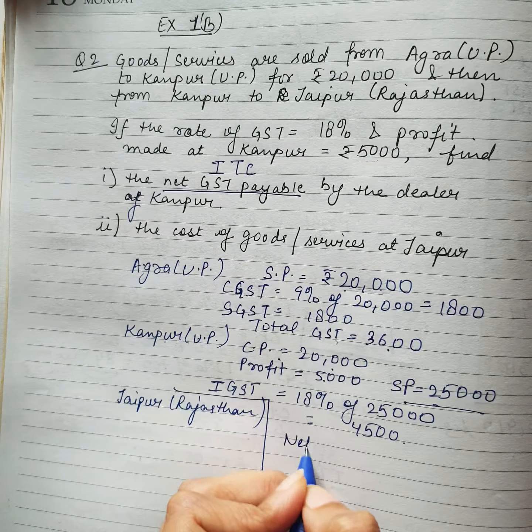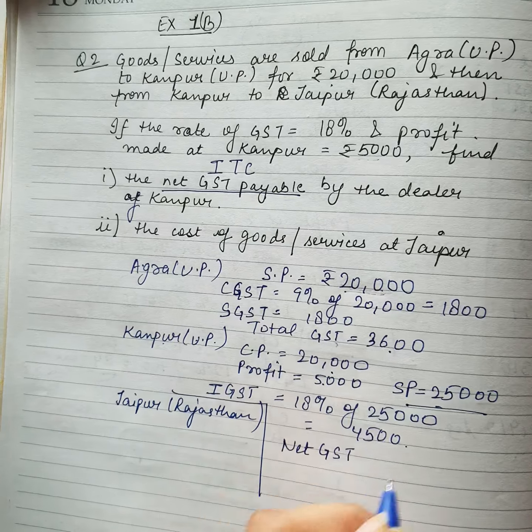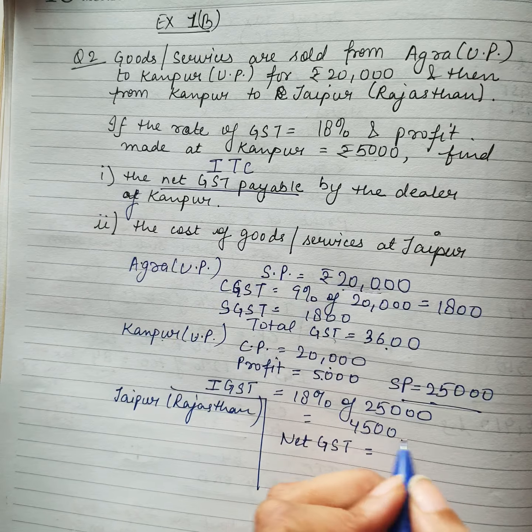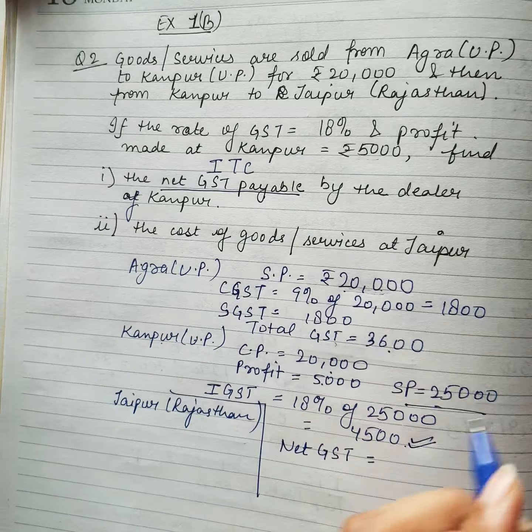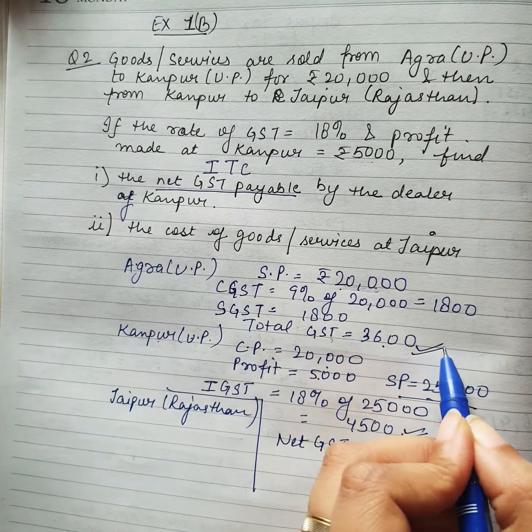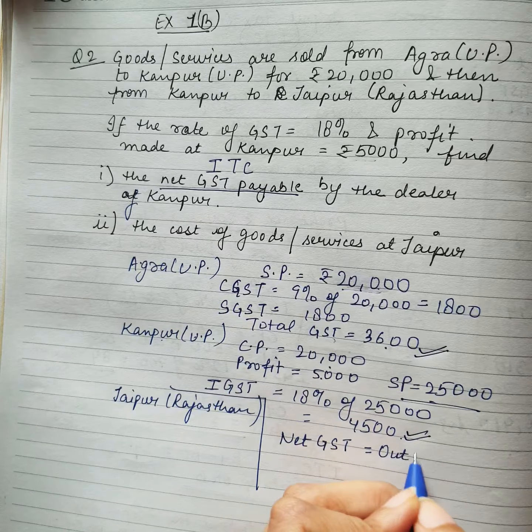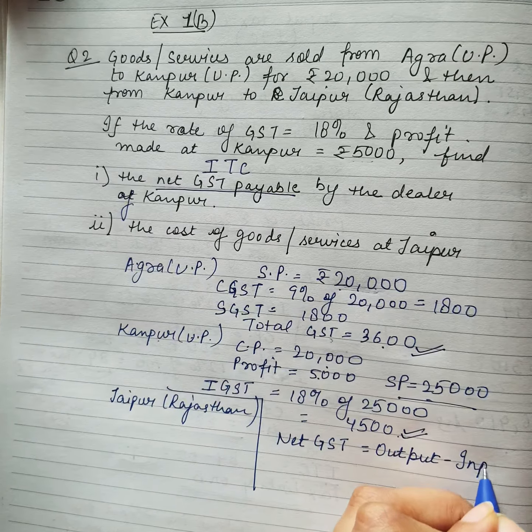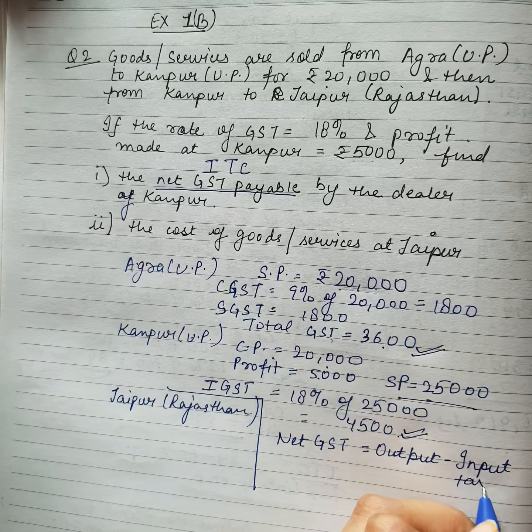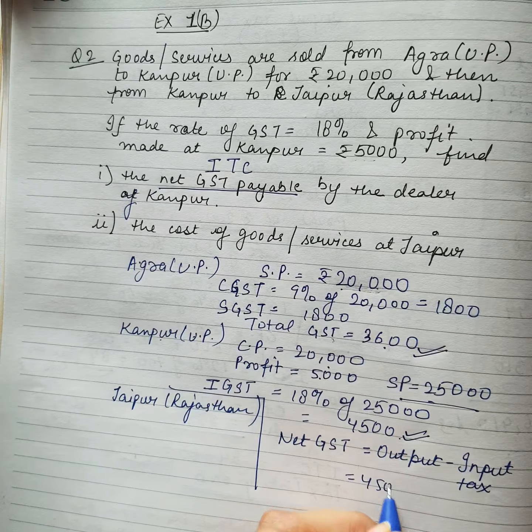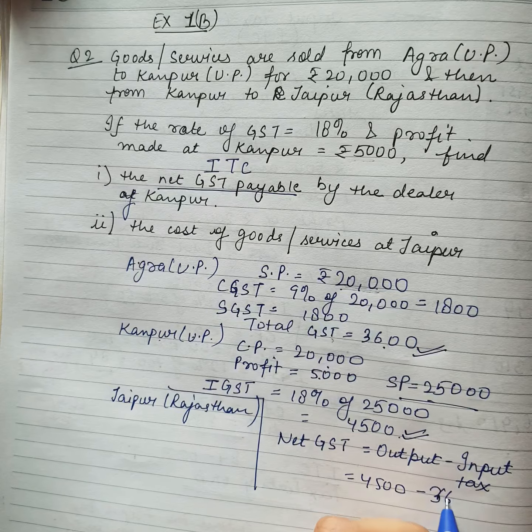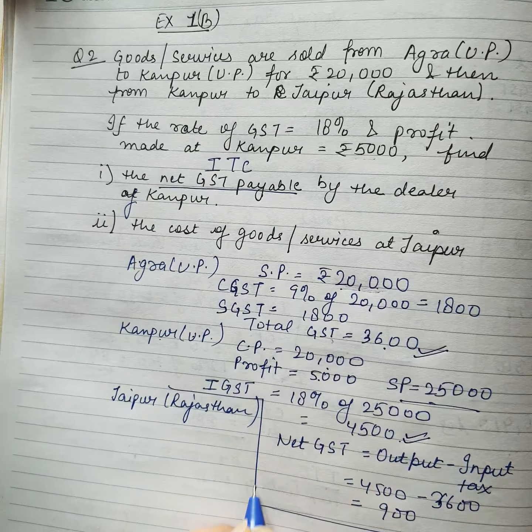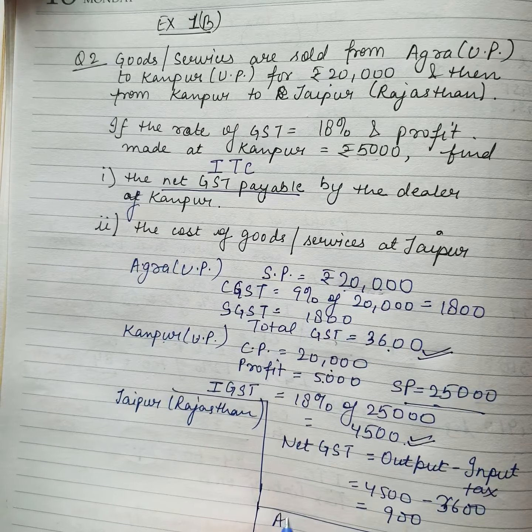So the net GST which Kanpur has to pay will be output tax, that is tax on sale, minus tax on purchase, so output minus input tax. 4,500 minus 3,600, 900.